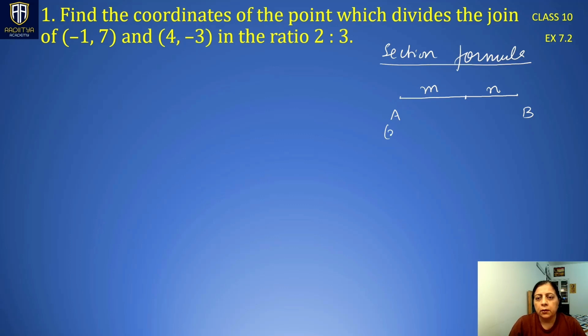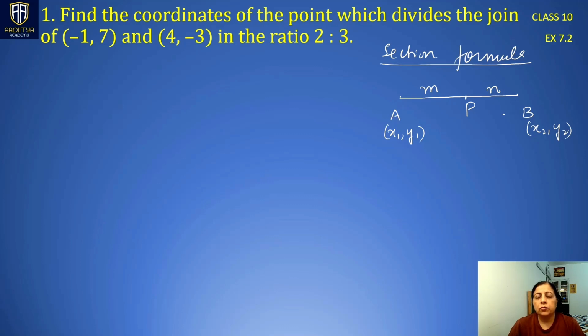Let us say the coordinates of A are given as x1, y1 and B are given as x2, y2. We have a point P which divides line segment AB internally in the ratio m:n. This word internally denotes that P lies on the line segment AB.